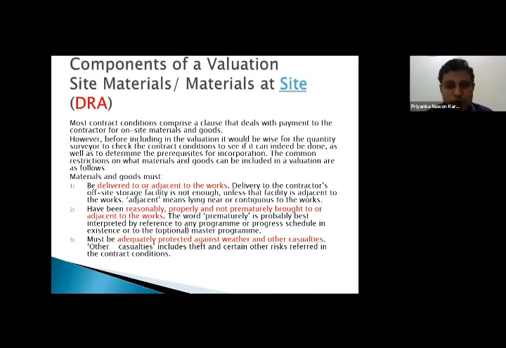Even though you dump the materials at the site, when you give possession of the site to the contractor, it is like you are letting the contractor enjoy the facility of that particular land. But if it is not secured properly, tomorrow the contractor cannot come and say that it has been stolen by someone and ask what to do, right? Therefore, it says it has to be adequately protected against weather and other casualties.